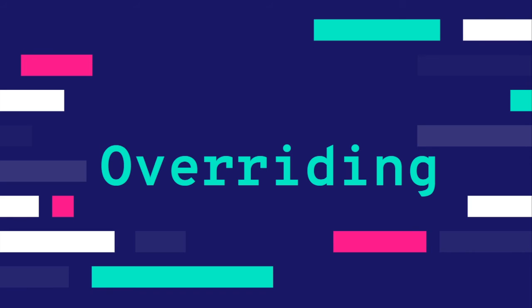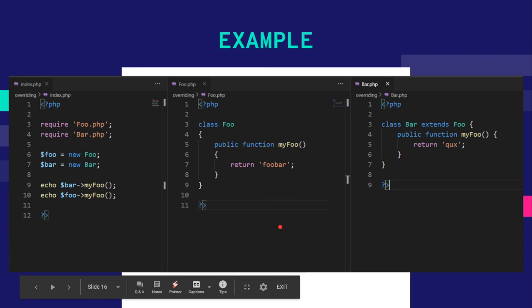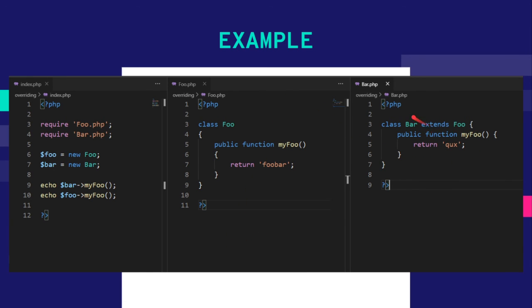Next, overriding. So to show you an example of overriding, it's this one. What we did is we extend here. This is the parent class for now. The class foo is extended by the class bar, with a public function myFoo, and then we declared two different objects, and we echo.